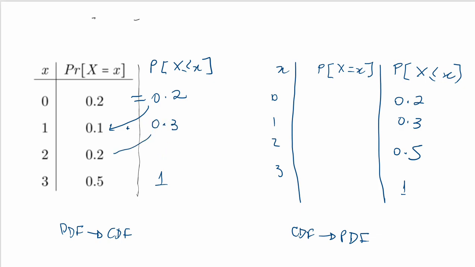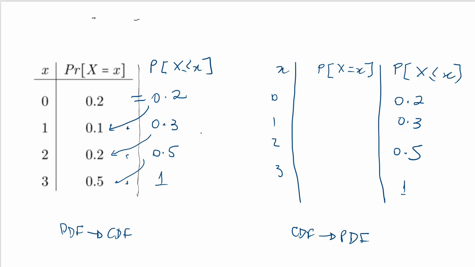Now 0.3 plus the next one has to result in 0.5. And then you can always use the last row to check. 0.5 plus 0.5, thank God it results in 1. So you're good. Okay? So I always like to use these arrows to guide me in going from the PDF to the CDF. Questions?